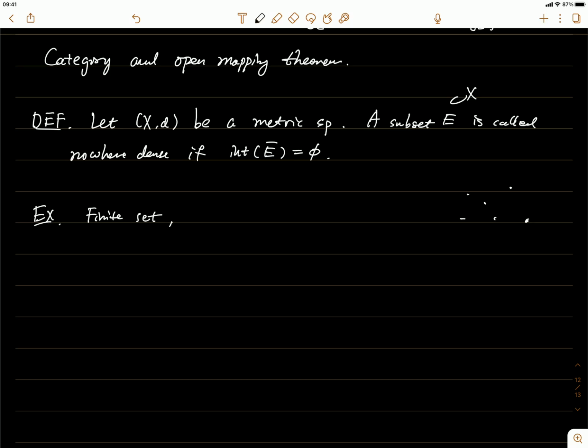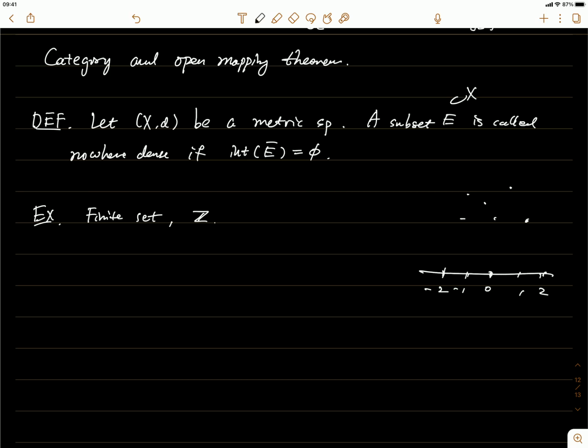Also, for example, look at the integers on the real line. If you take the closure, it will still be the integers, but there are actually no accumulation points at all. Again, the closure doesn't have any interior point. And also the Cantor set, you can show that it doesn't have any interior point.